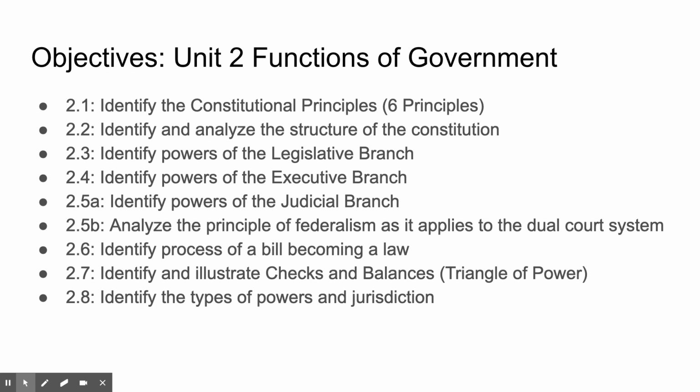So the first clause of section 2 of Article 2 states that the president is the commander-in-chief of the military forces, and that the creation of a cabinet of senior advisors is also going to be established here, and that the president is in charge of making decisions as the commander-in-chief.